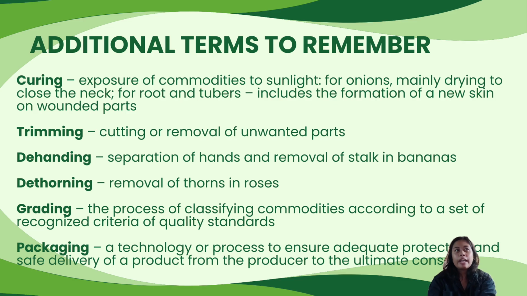So, this slide contains important post-harvest terms that we need to remember. First is curing. Curing means exposing our commodities to sunlight or controlled conditions. Next is trimming. This is the removal of unwanted parts of our produce.